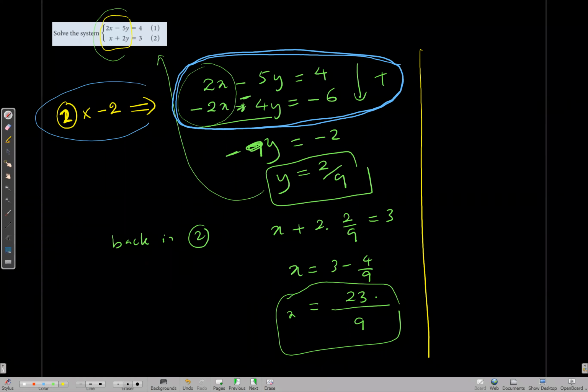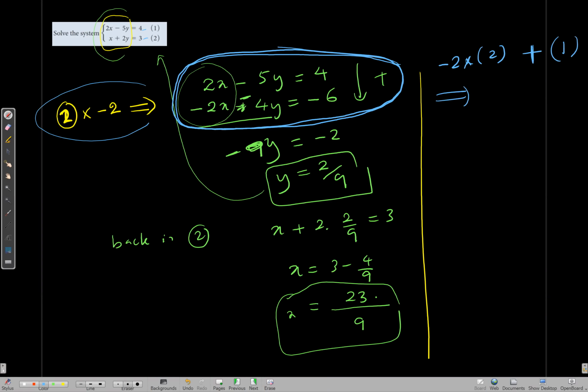Once you label this, you can say equation number 2 multiplied by -2. Oh, it's better to write it the other way around: -2 times equation number 2, and then you add it to the first equation.